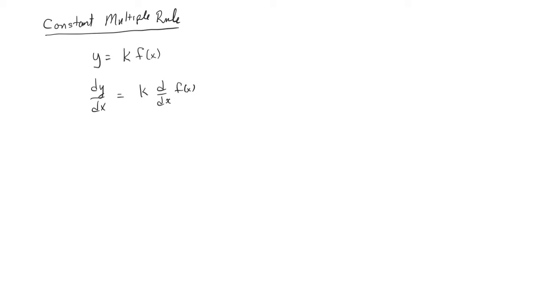So consider what we looked at before. We've seen if y is equal to x to the fourth, then dy dx is equal to 4x cubed. That's just using the power rule. But what if we had another function, let's say z is equal to 7x to the fourth?